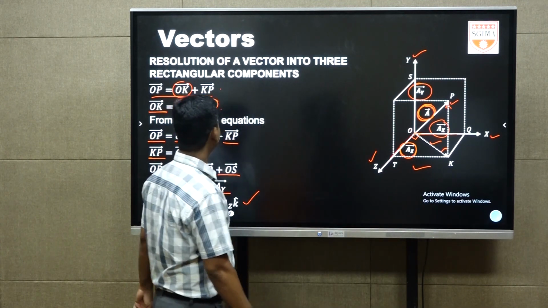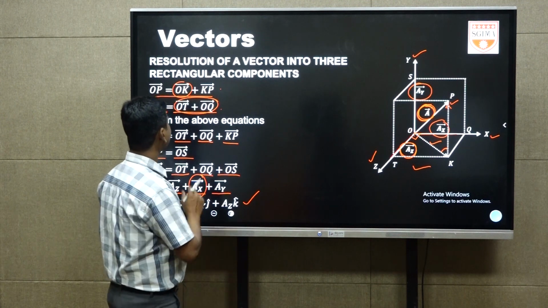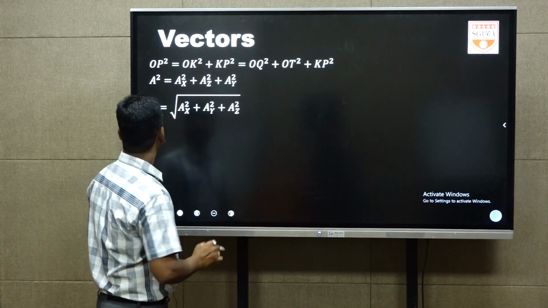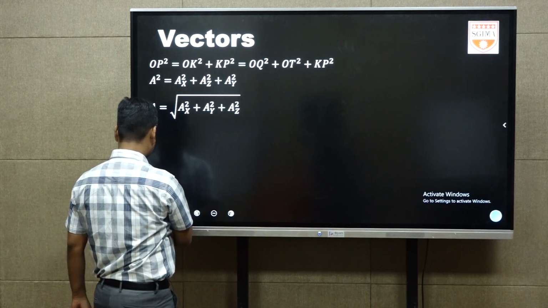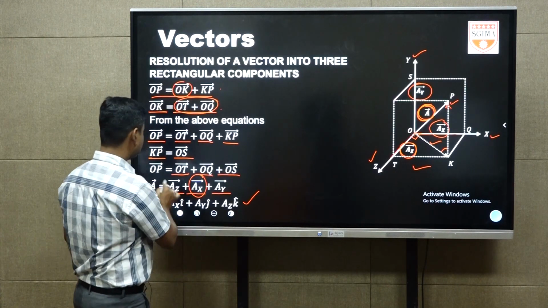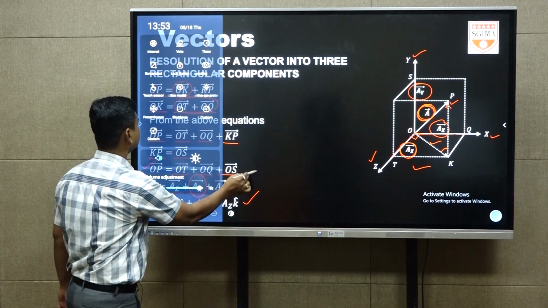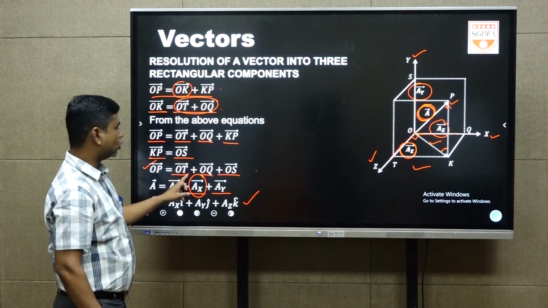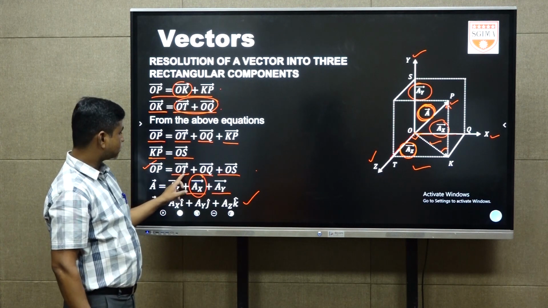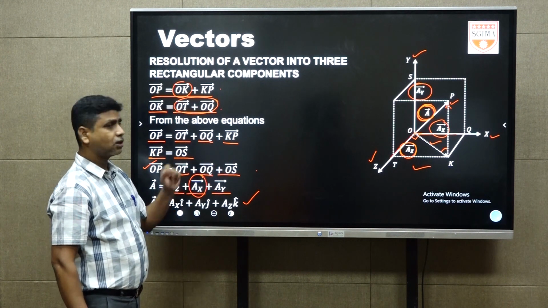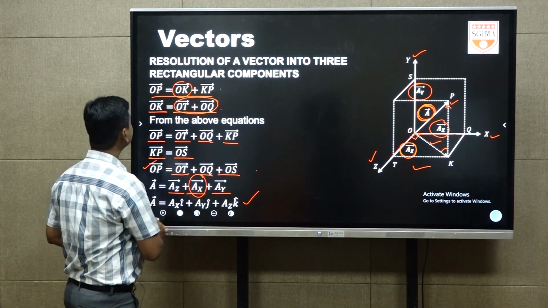It is called the resolution of a vector into three rectangular components. From this, OP square, just calculating the magnitude: OP square equals OT square plus OQ square plus OS square.